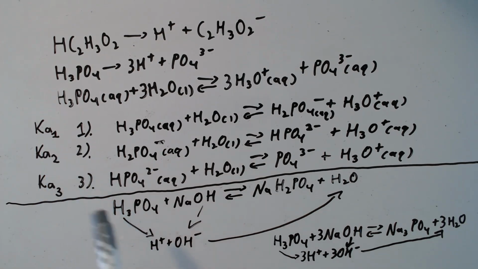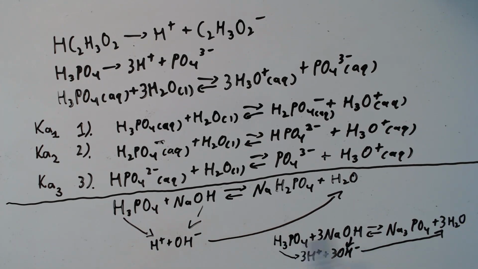All you have to know is that if there is only enough NaOH to get one of these H pluses from this H3PO4, then it will take this one H plus, because these H pluses do come off one at a time. But if there's enough NaOH to take all 3 of these H pluses, it's going to take all 3 of these H pluses.